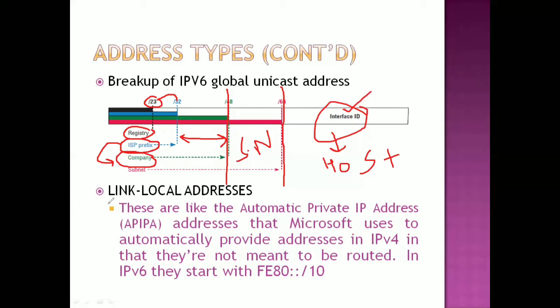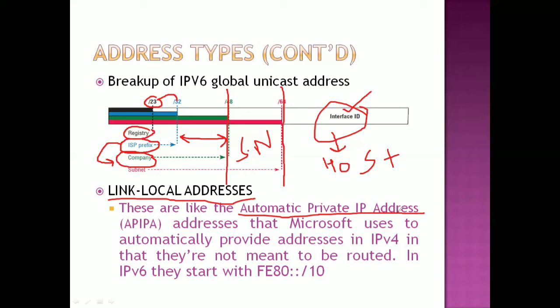Now moving to the link local addresses. What is meant by the link local address? As I told you in an earlier part of this lecture, the APIPA concept, automatic private IP address, is basically a concept used in IPv4.